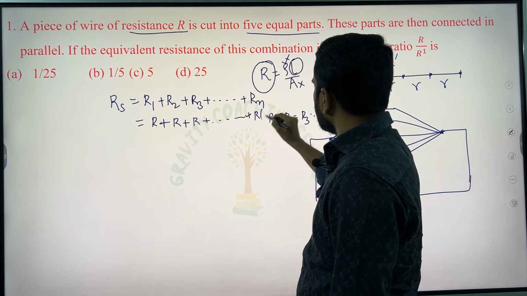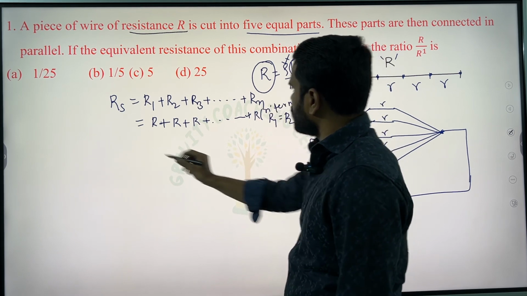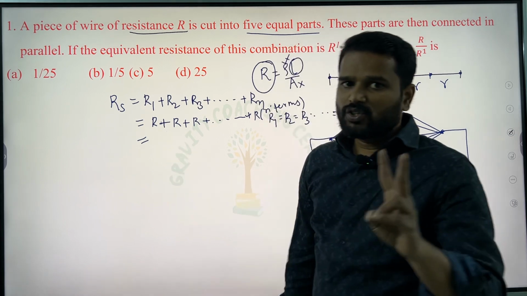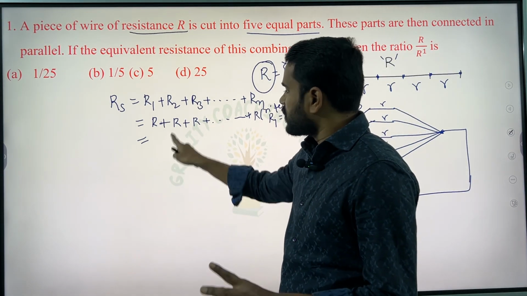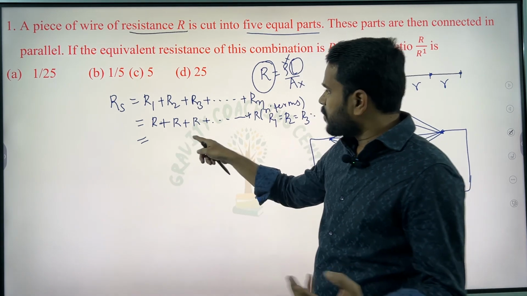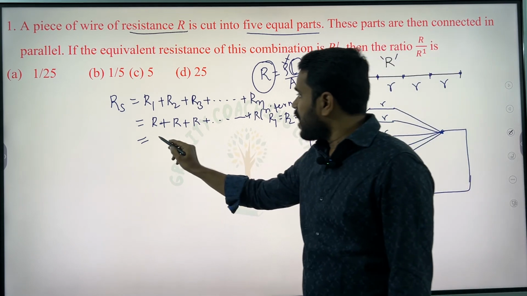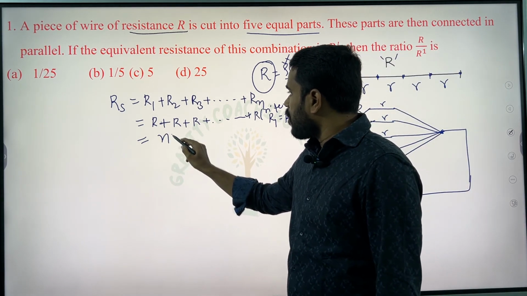Generally I have taken n terms. If I have 2, r plus r, 2r. If I have 3 resistors, 3r. If I have n resistors, then n r.